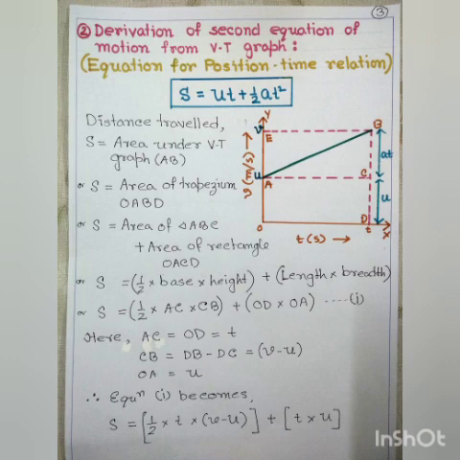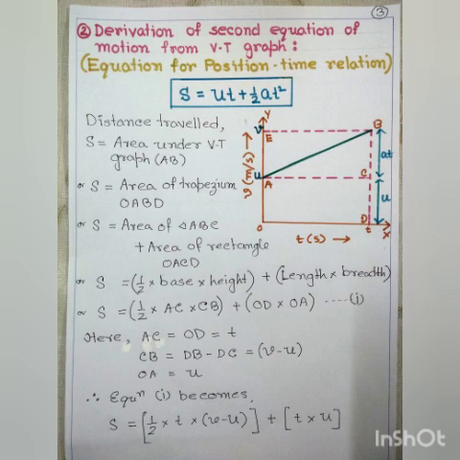Now to measure the displacement during the time T, we can calculate the area under the AB graph, and that is the area of the trapezium OABD. Now this area of the trapezium we can divide into a triangle and a rectangle, and the triangle here is ABC and the rectangle is OACD.